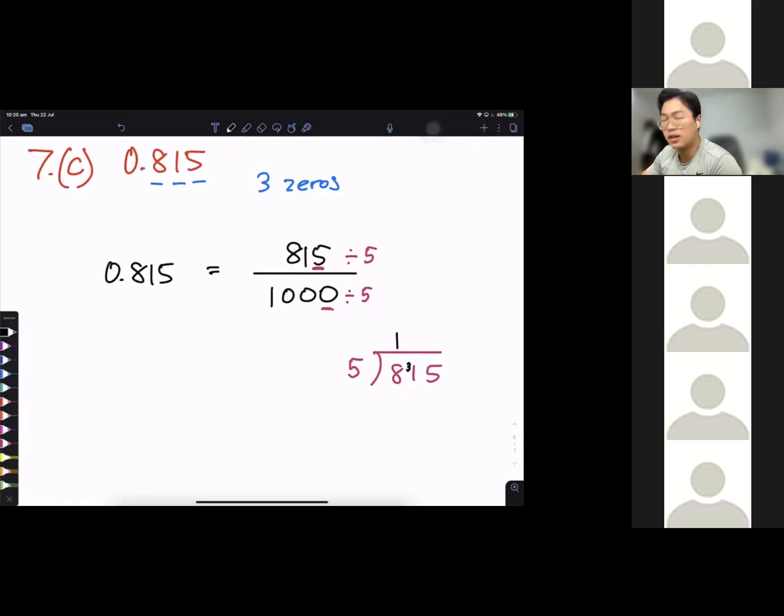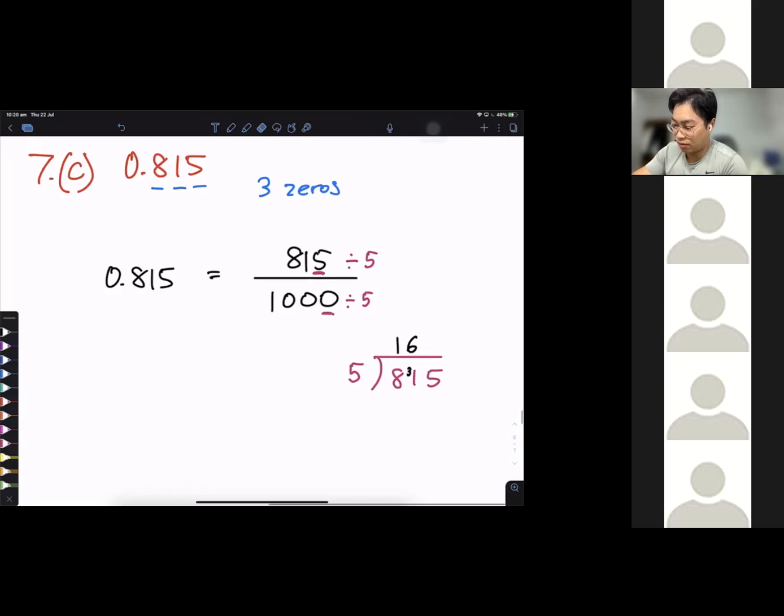31. 31, okay. And how many times does 5 go into 31? 6. 5 times 6 is? 30. And how much to get to 31? Well, we're at 30 now. So to get to 31, how many units is that? 1.